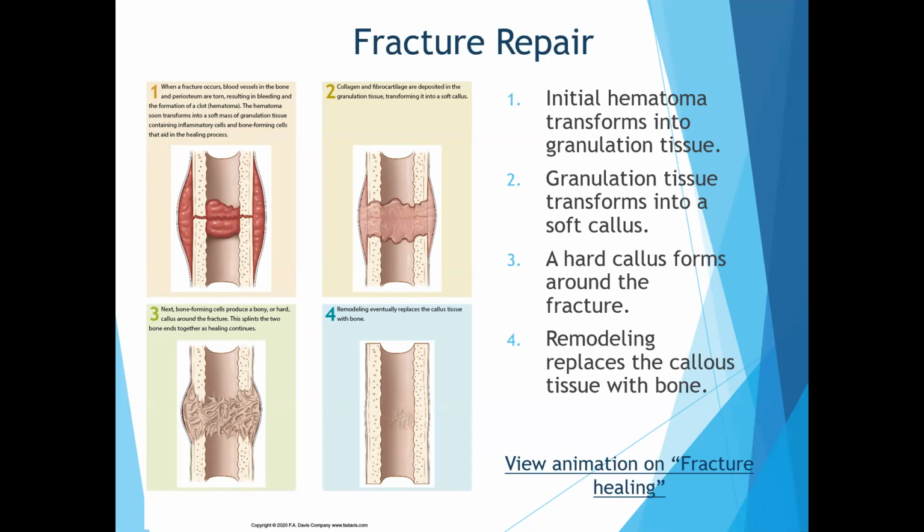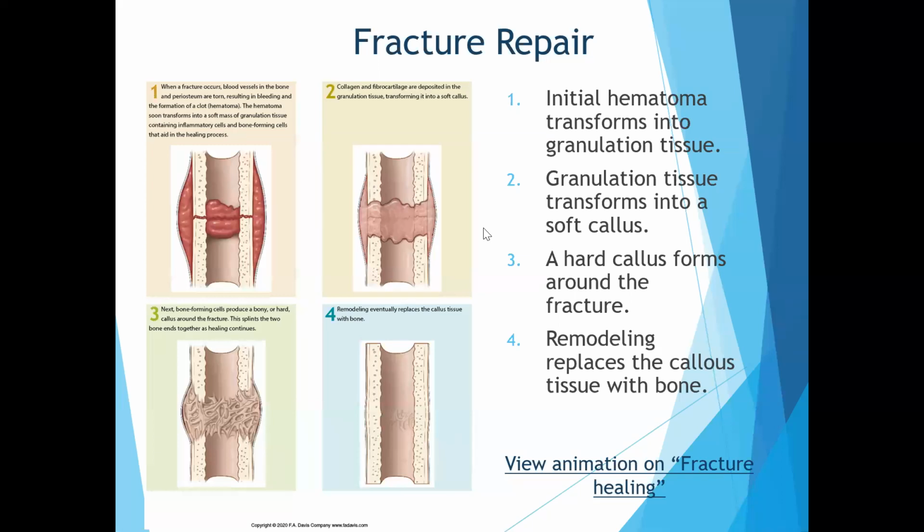So someone breaks their arm, they put a hard cast on it, that's a closed reduction. Someone really breaks their arm and they have to go in and put pins and screws and plates to make sure that it sets and is held well. Now that would be considered an open reduction. A term that you may see is open reduction internal fixation, ORIF. That is when they have to go in and put in hardware to actually reset the bone.